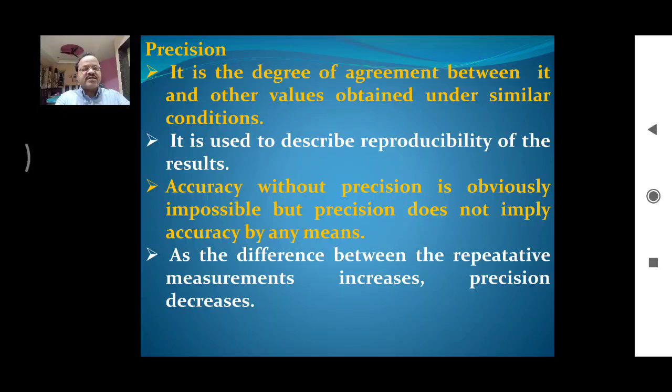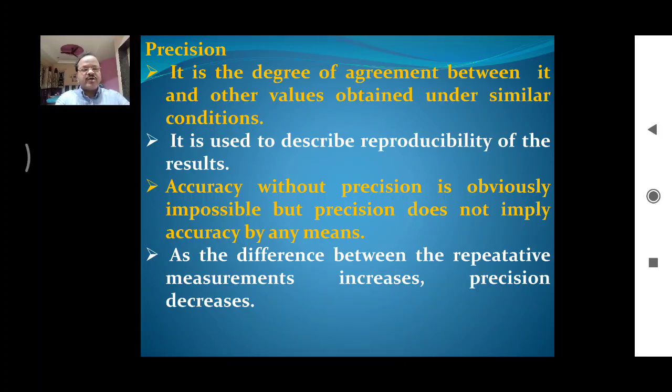Let us consider an example. The true value in a particular analysis is 10, and we have carried out the experiment, and the readings obtained are 10.1, 10.2, 10.3. Here there is variation in the readings.